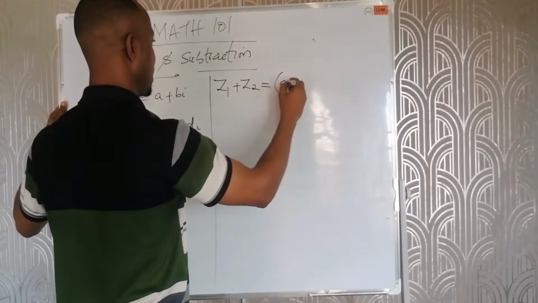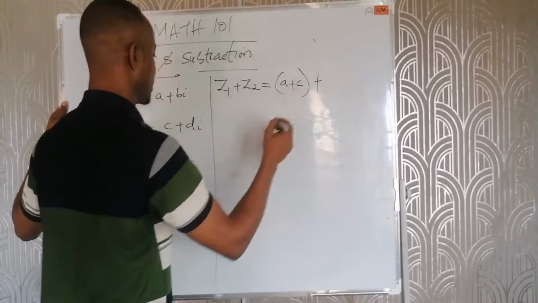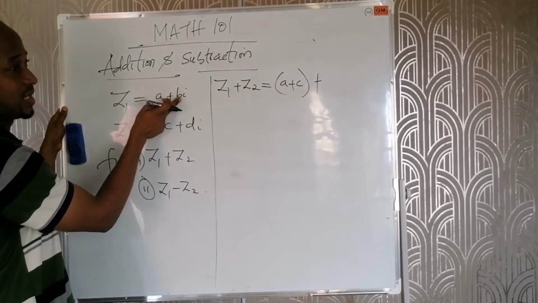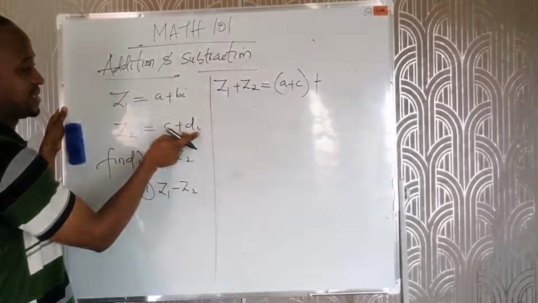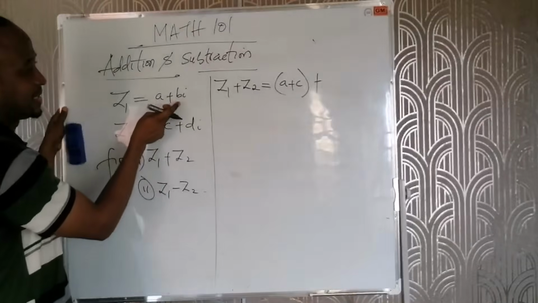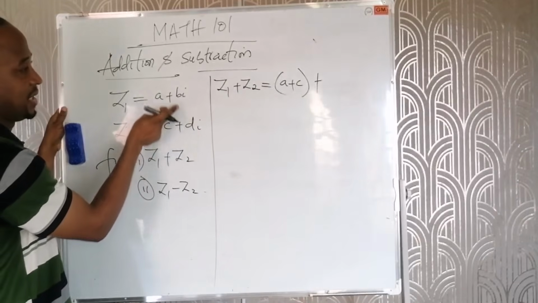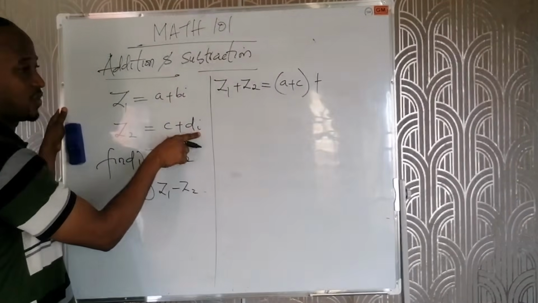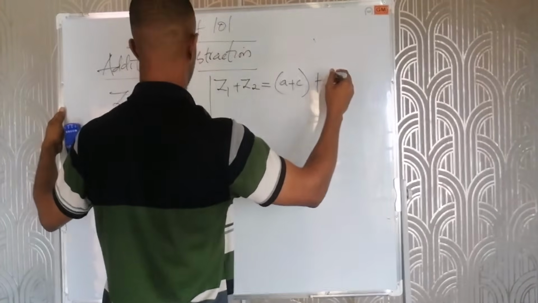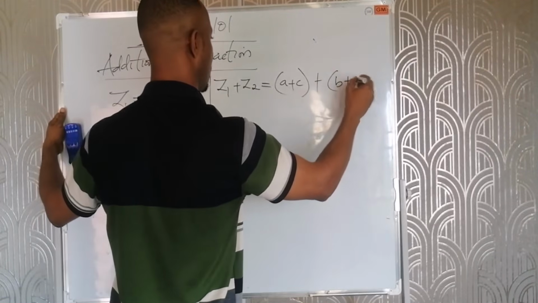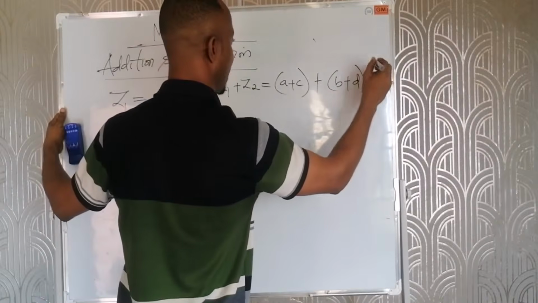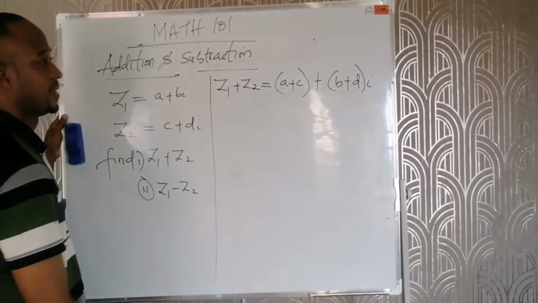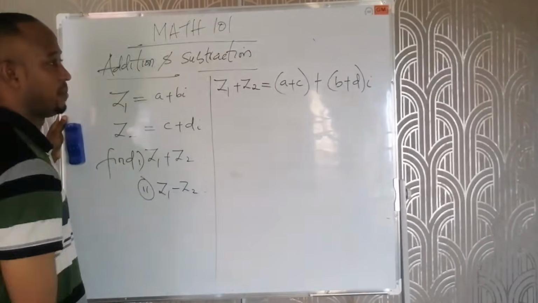That will give us a plus c. Then I'll add up the imaginary parts, bi plus di. Since I'm adding bi with di, I'll just add b plus d, then bring out the common factor, which is i. That will give us b plus d, all multiplied with i. This is how to add complex numbers.